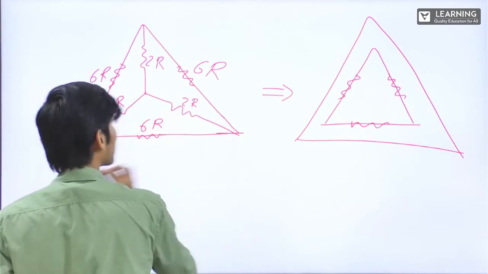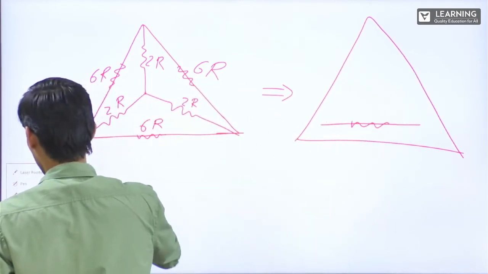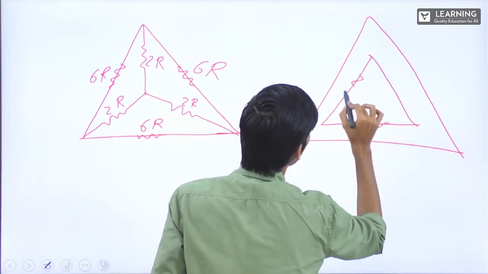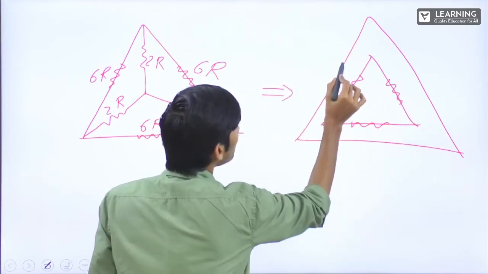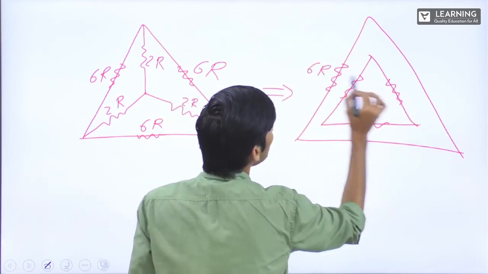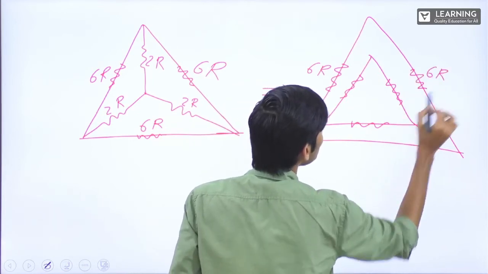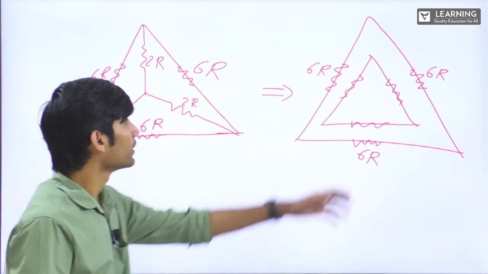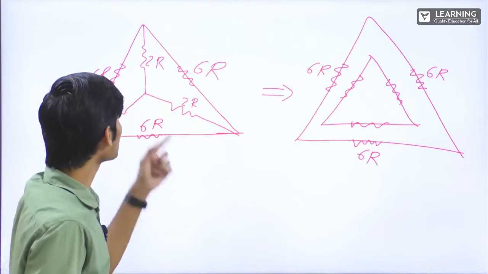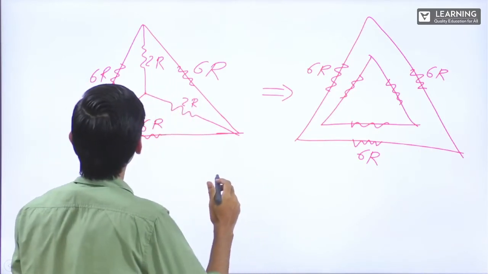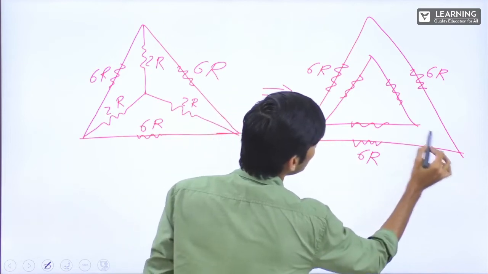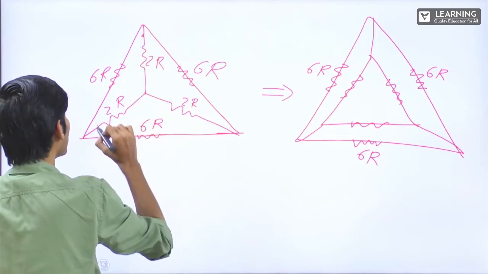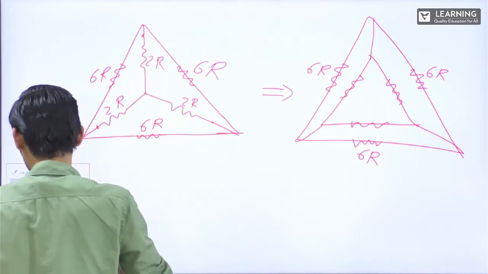This is given as 6R, this is given as 6R, this is given as 6R, right? Now we have to find these three resistances because it was star. Now this point is connected, this point will be connected here. These 3 points will be connected to wherever they were connected, right? Let me connect it properly.